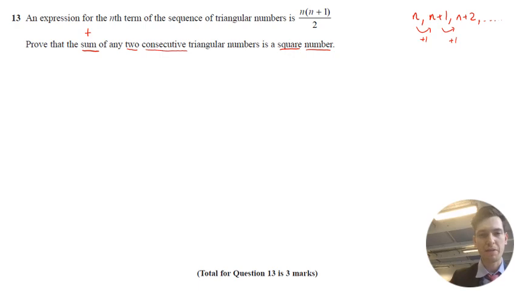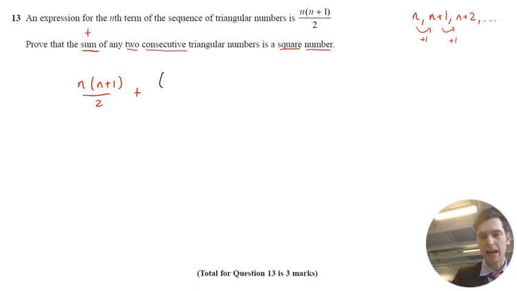So you're going to do the same thing for triangular numbers. Your first triangular number is n brackets n plus 1 over 2. And because it says sum, I add. Your second triangular number, instead of n, you're going to write n plus 1. So let's just change color there.